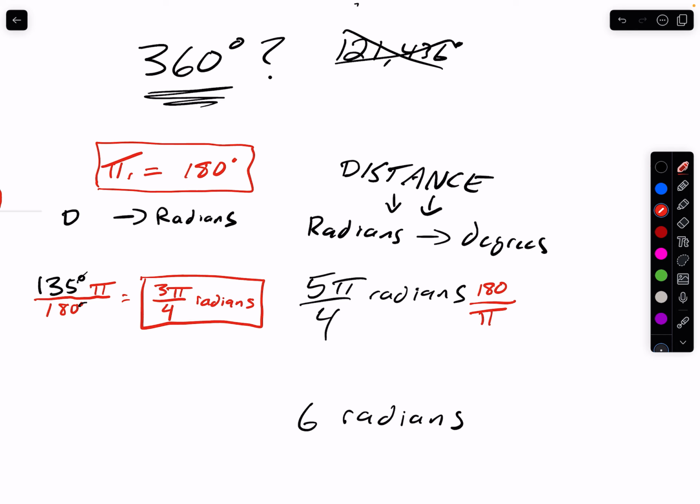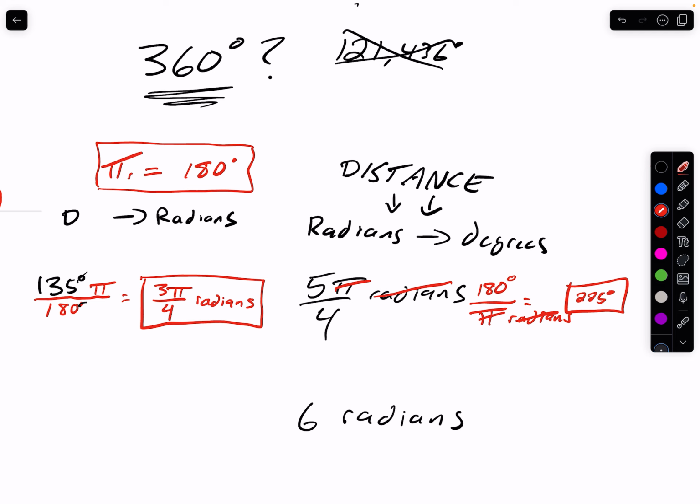The reason is that this is pi radians and this is 180 degrees, so the radians and the pi are going to cancel out, and we're going to be left with 5 times 180 divided by 4. That gives us a value of 225 degrees. So 225 degrees is the same as 5 pi over 4 radians.